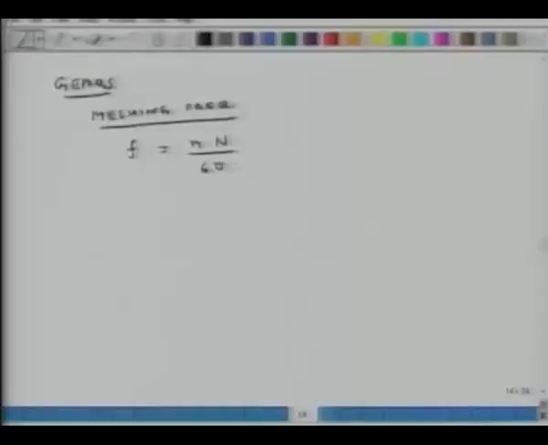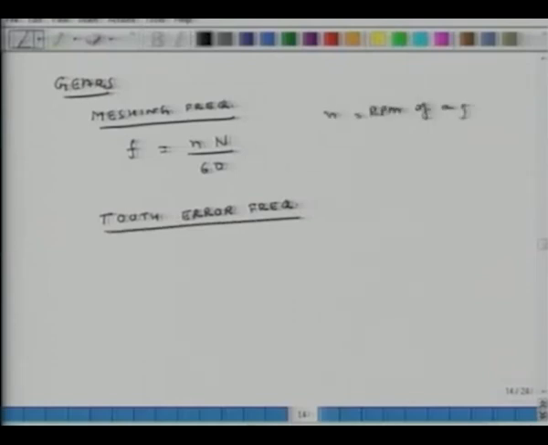And then the other one is tooth error frequency. So what are N and n here? n is your RPM over 60 of a gear, and N uppercase is the number of teeth on the gear whose RPM is n.